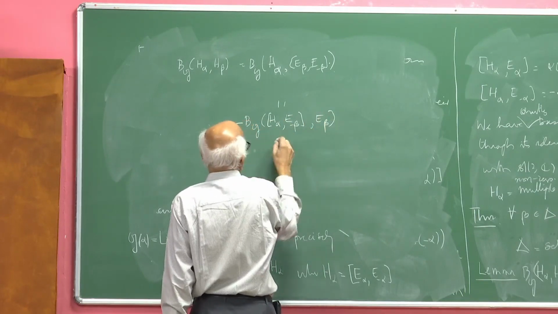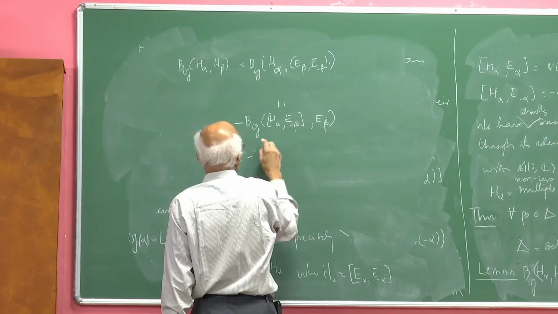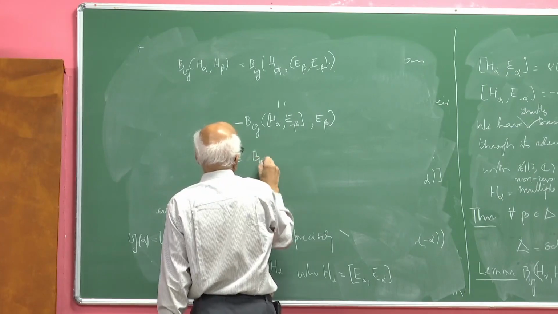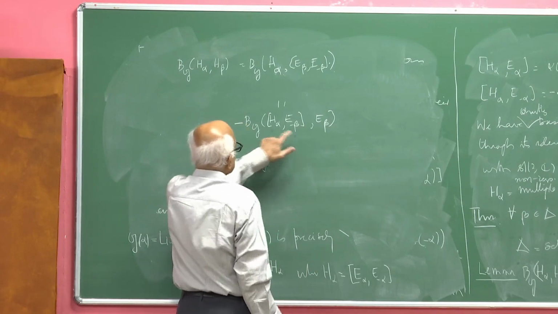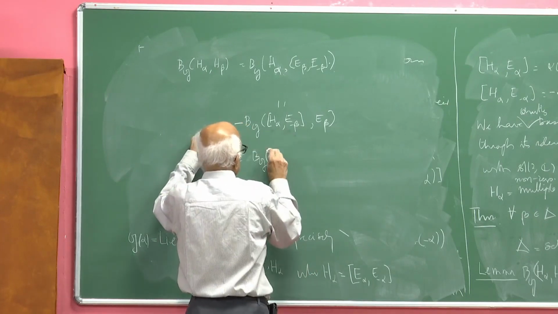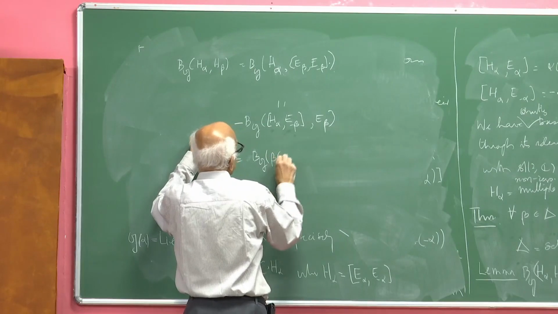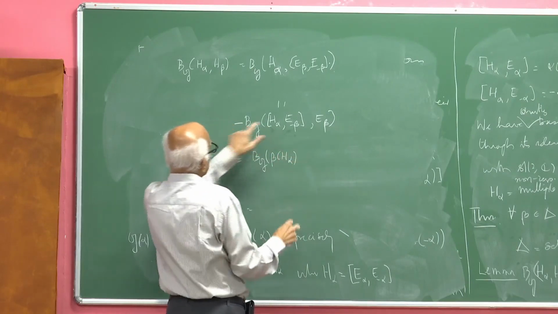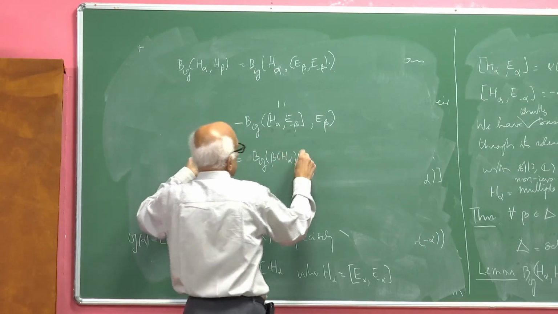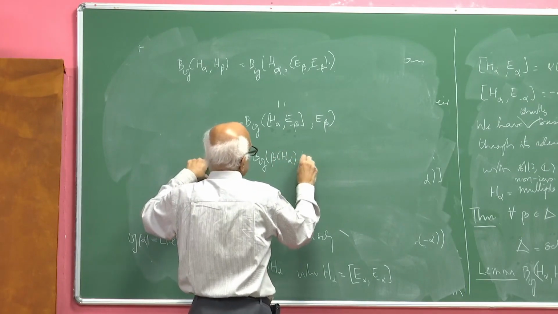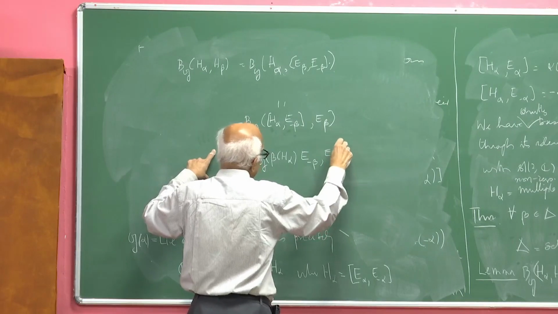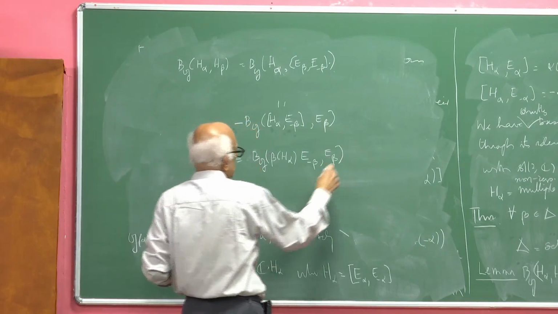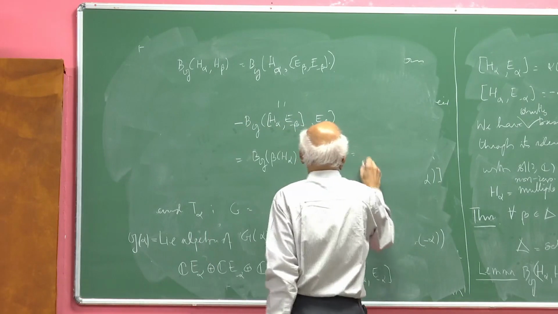But this is minus Bg of h alpha E minus beta, which is minus beta of h alpha; the minus signs cancel, and Bg of E minus beta, E beta is 1 we know, so this is nothing but beta of h alpha.